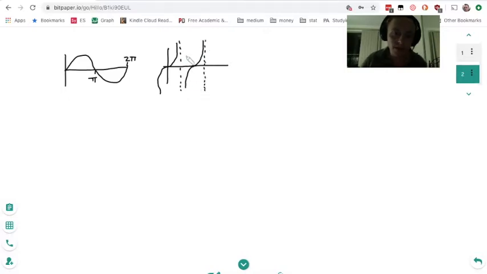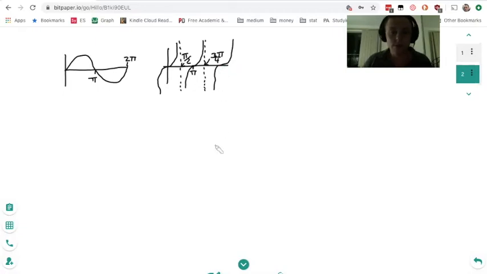Okay, this is 90 degrees, so that must be pi on 2, just in there. This particular spot here is pi. This is pi plus pi on 2, so we're talking 3 pi on 2.